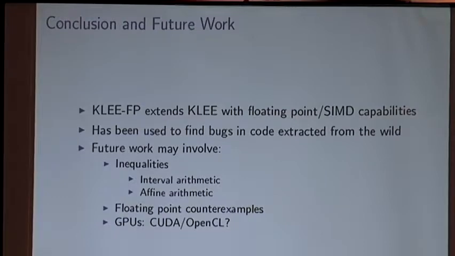We're looking at ways to find floating point counterexamples, because all of the counterexamples we found, we found by essentially thinking about what those counterexamples would be, and it would be nice to be able to automate that.